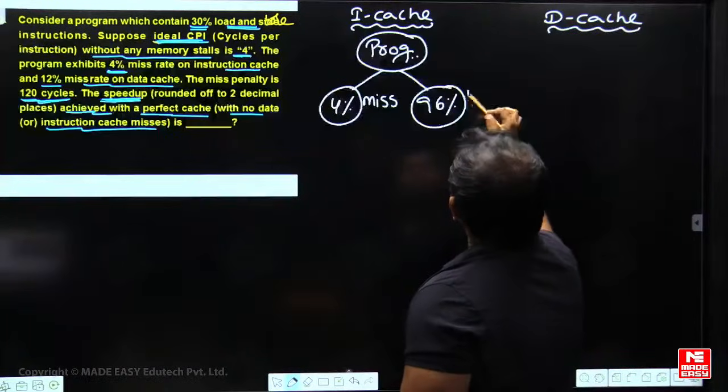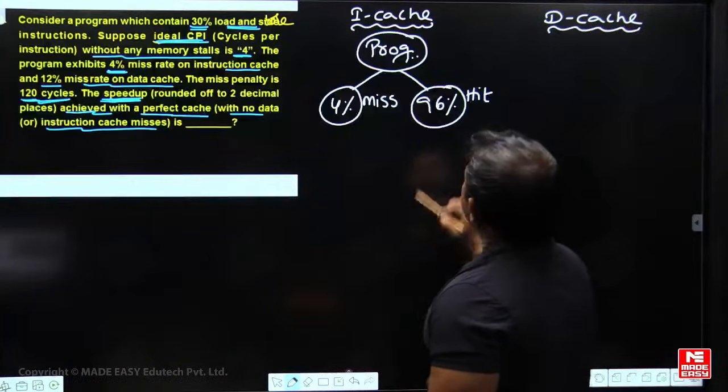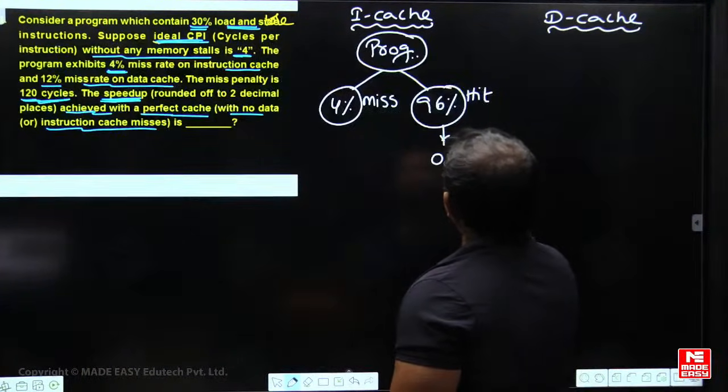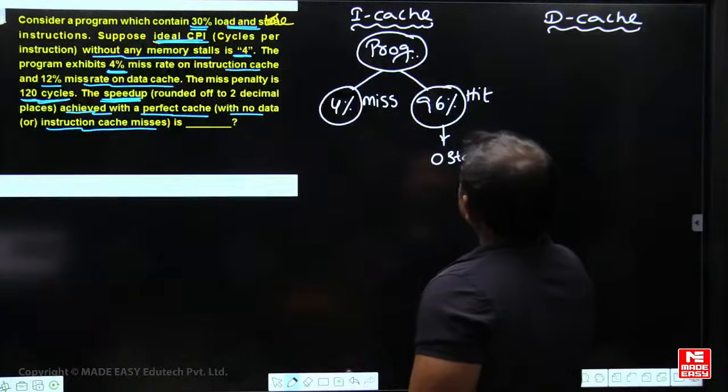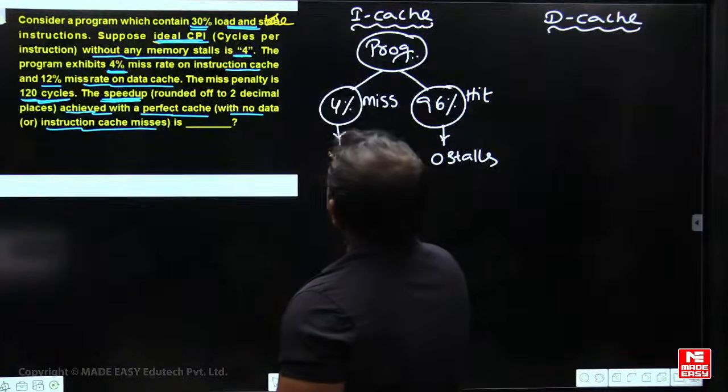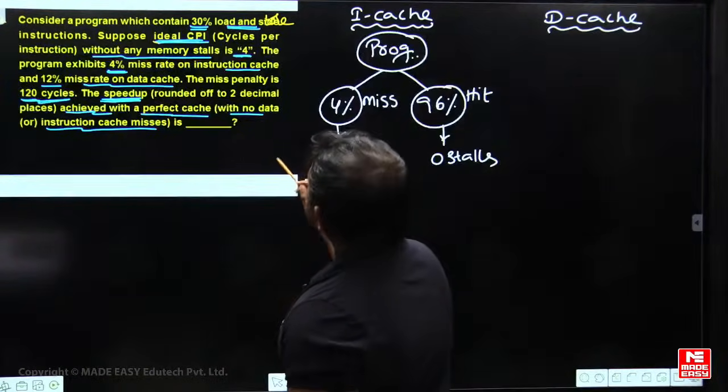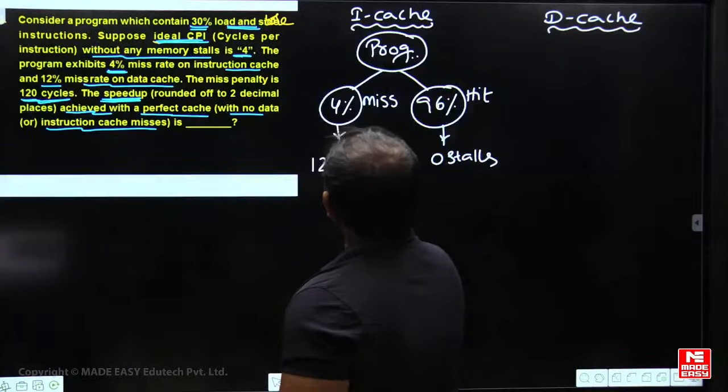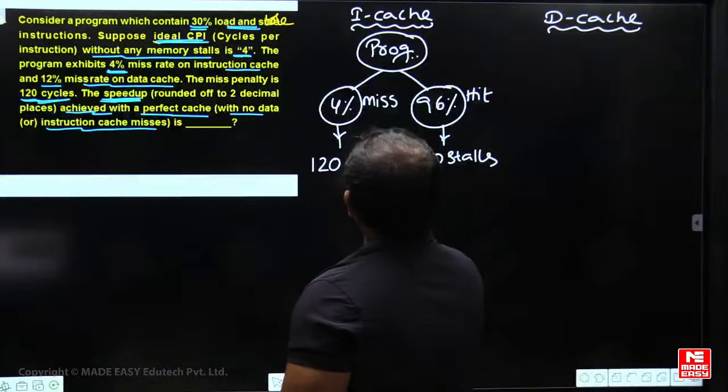For a hit there are 0 stalls, no penalty. But for a miss there is a stall. How much penalty? 120 cycles penalty is there.